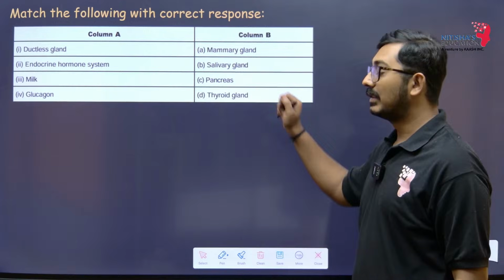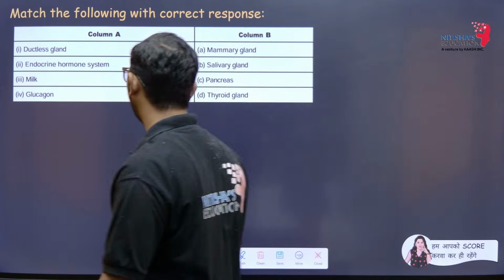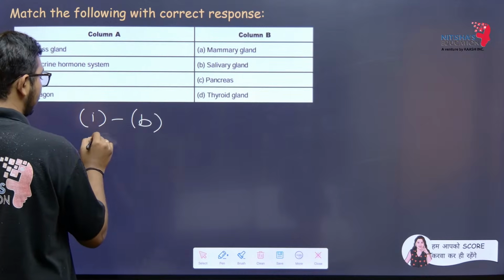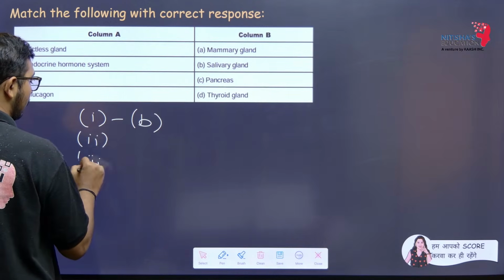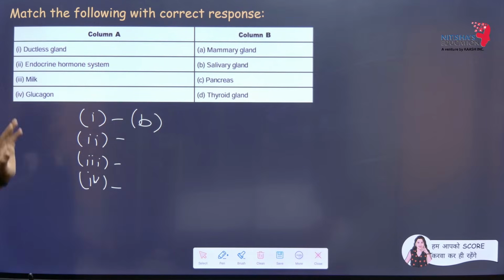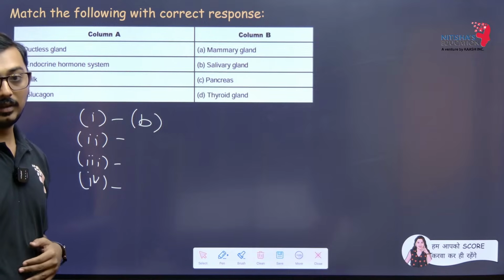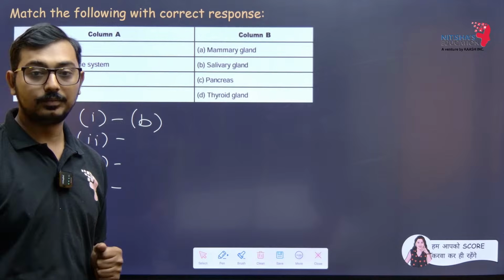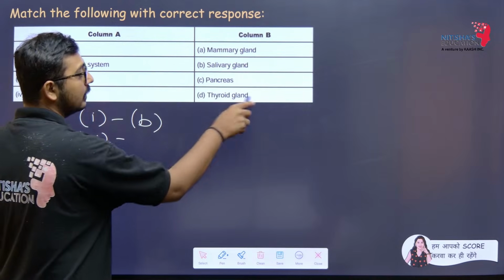It would be salivary gland, so one is connected with B. Second, endocrine hormone system, where should it be more suitable? It is provided in thyroid gland.